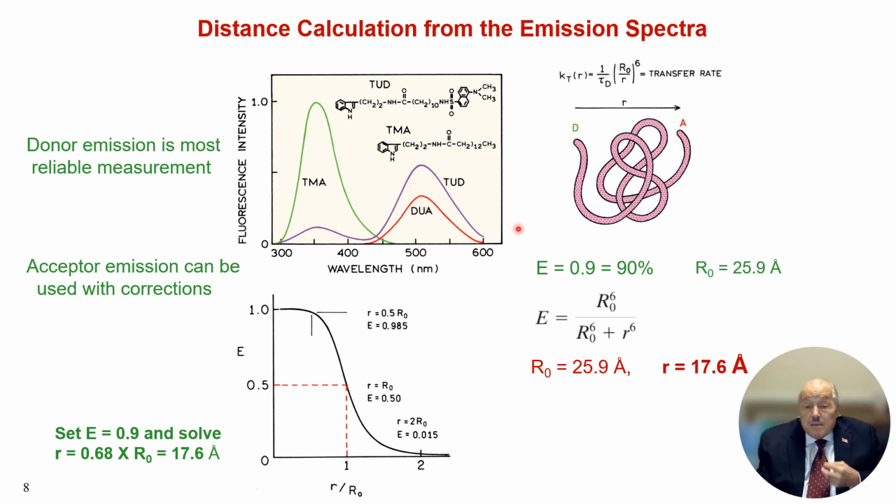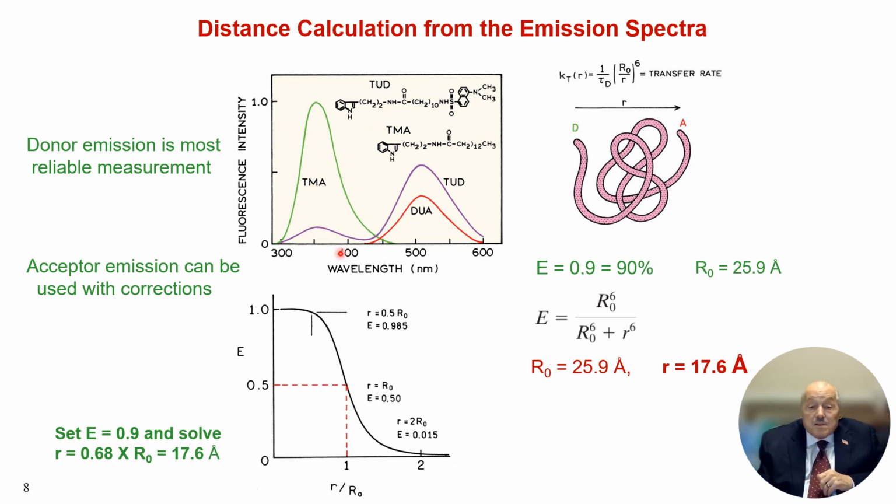So in a typical energy transfer experiment, you want to look at the donor intensities, sometimes the acceptor intensities, but especially the donor intensities in the presence and absence of the acceptor. So here, in the absence of the acceptor, the donor is normalized to 1, and it drops down to about 1/10 of that once you put the acceptor on. And so that says your energy transfer efficiency is 90%.